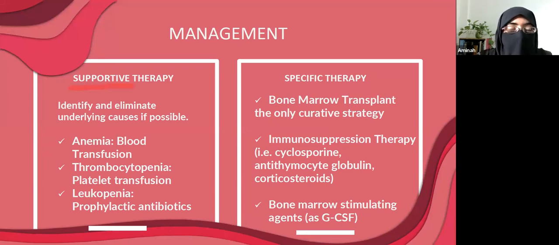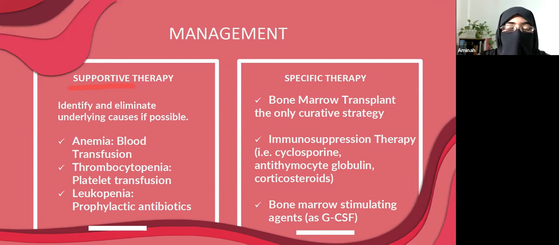Before that, you have to identify and eliminate underlying causes, but in aplastic anemia this is very rare because most of the cases are idiopathic. So the supportive therapy includes blood transfusion for the anemia, platelet transfusion for thrombocytopenia, and prophylactic antibiotics for the leukopenia.